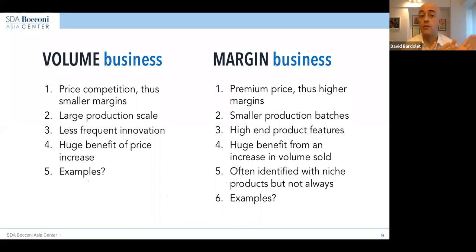So when we were saying before, a volume business sacrifices the price, but then focuses on reducing the cost, that actually is helped because of the large numbers that we are producing. The more we sell, the more we produce, the cheaper it becomes to produce every unit.